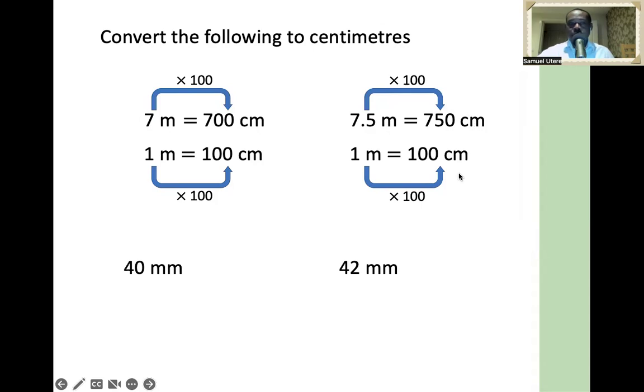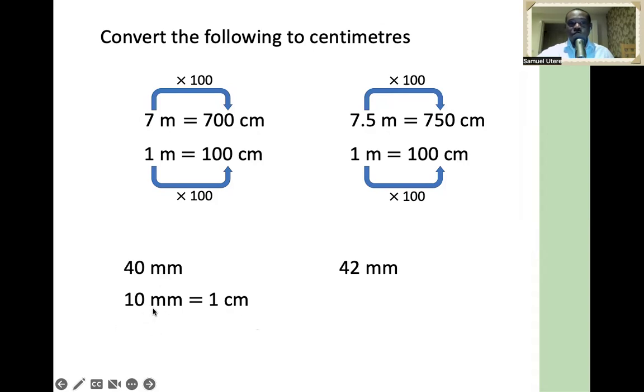Here, we know that 1 centimeter is equal to 10 millimeter, but look at the way it's been rewritten to make sure it corresponds with the 40 millimeter in the units. So we say, okay, let's ignore the 40. We've made it so that there's millimeter on the left-hand side.